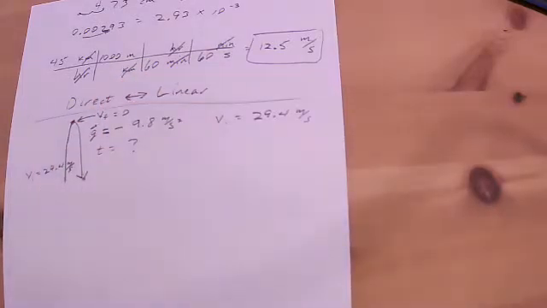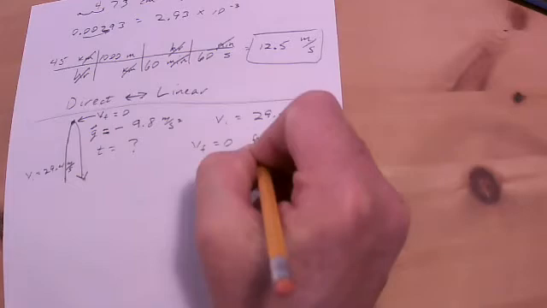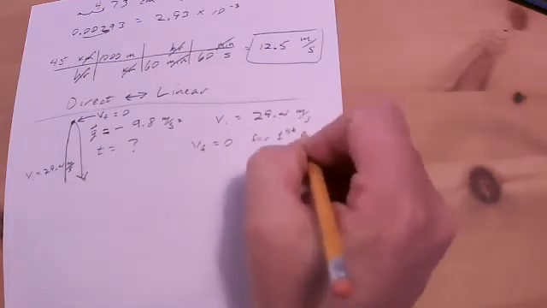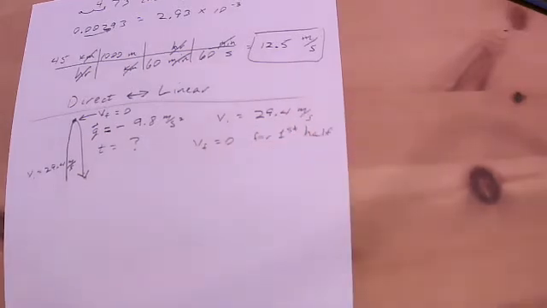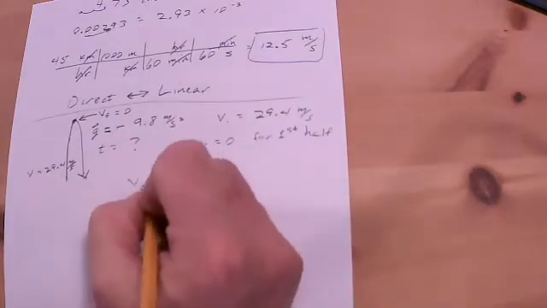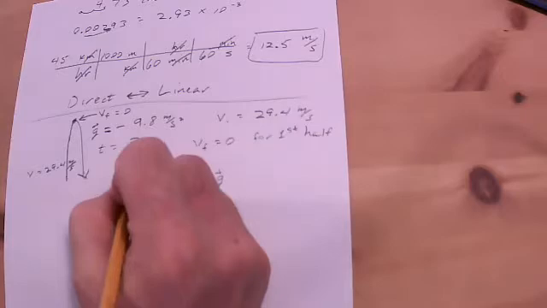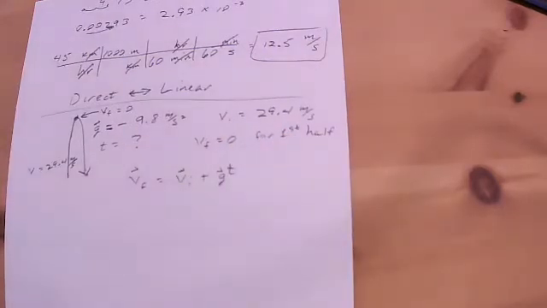We said at the top of its flight, for the first half of the flight, the final velocity is 0. That means I can use V sub f equals V sub i plus G t to answer this question. And so that was choice B.